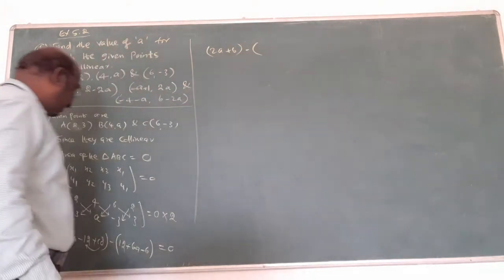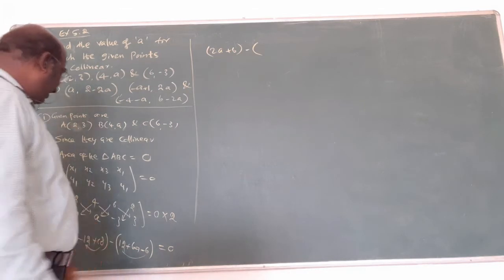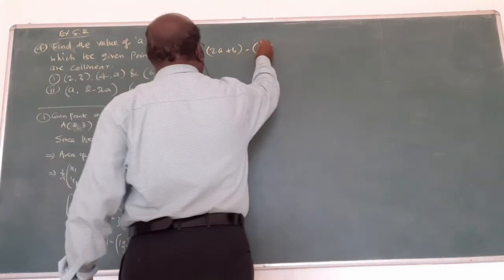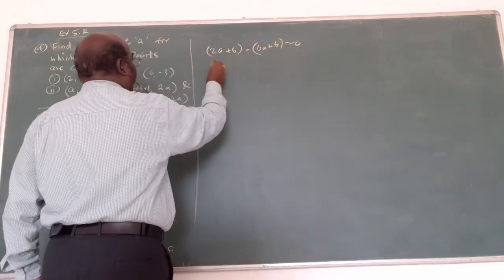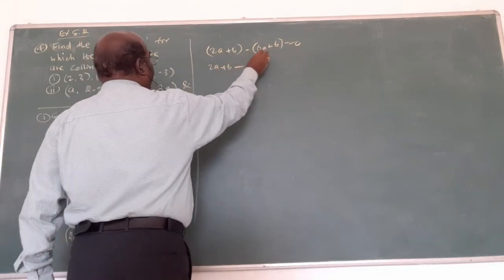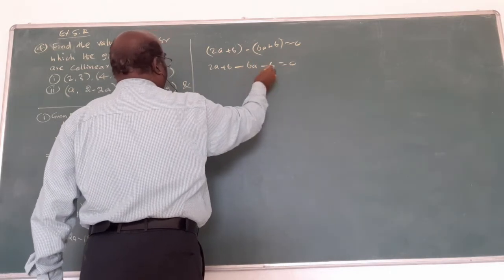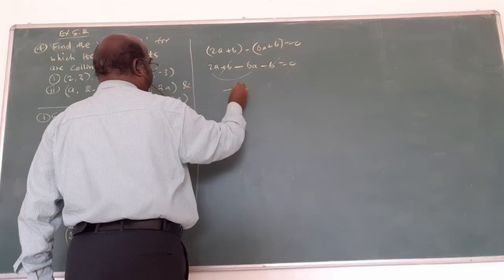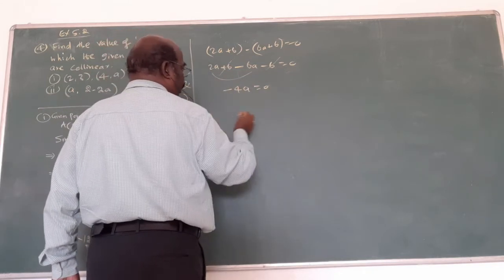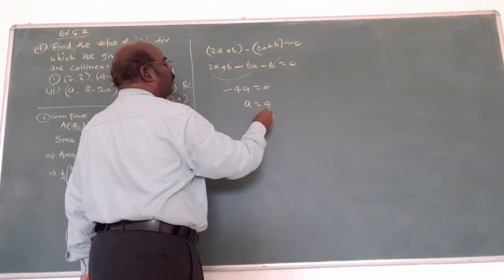Again subtract 6A plus 6 equal to. Now remove the bracket: 2A plus 6 minus 6A minus 6 equal to 0. This we cancel, subtracting both. Minus 4A equal to 0. Then A equal to what? The minus 4 from this side becomes plus 4.